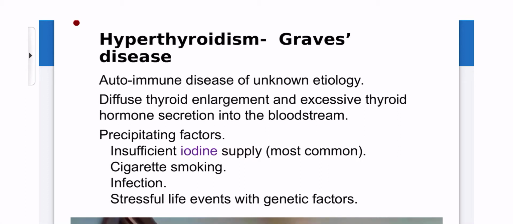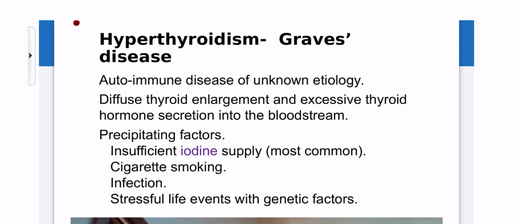Hyperthyroidism many times is diagnosed as Graves' disease, which is caused by an autoimmune problem. So in this case, the whole thyroid gland kind of enlarges. There's no nodule or hot spot on our scan.